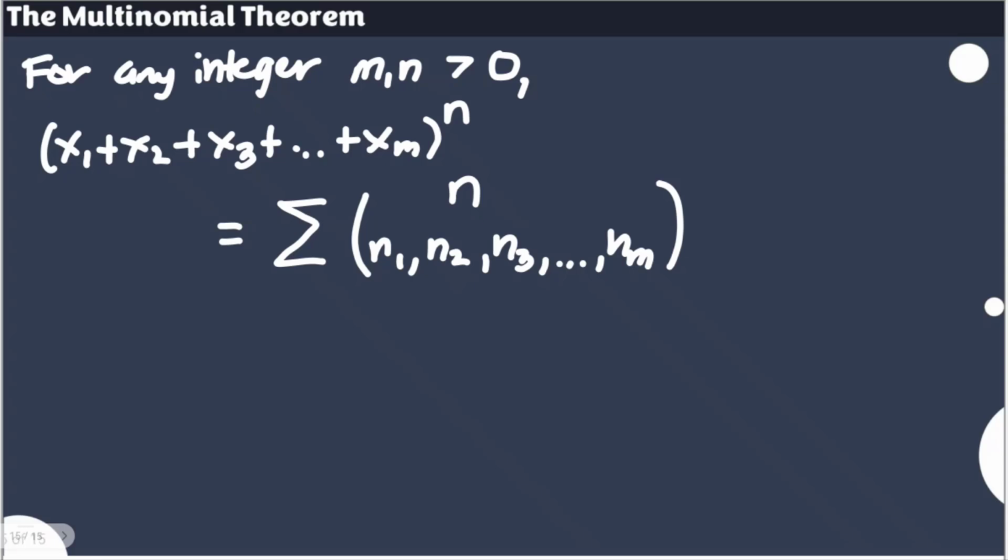And we have x sub 1, the first term, raised to the power of n sub 1, x sub 2 raised to the power of n sub 2, dot dot dot, x sub 3 raised to the power of n sub 3, dot dot dot, we're multiplying all of them, x sub m raised to the power of n sub m. This is its condensed form, and you will have to expand it later on for some illustrations.